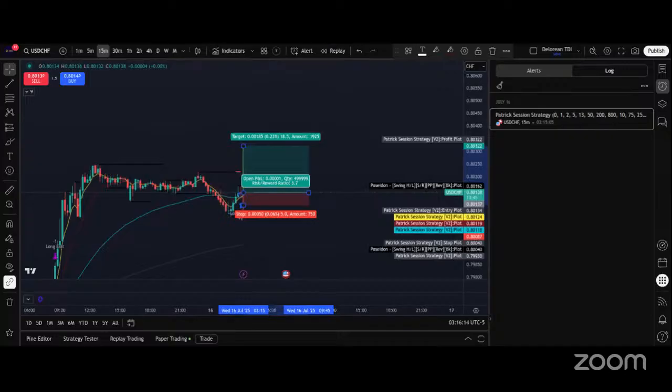To take profit 0.80322, and that's going to be for 19 pips. We have a stop loss of 0.80087, and that's going to be for 5 pips. And we have an entry price of 0.80137.